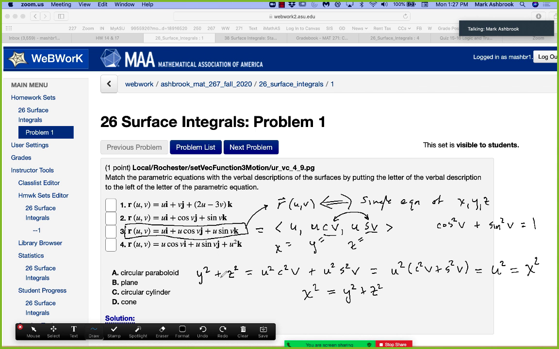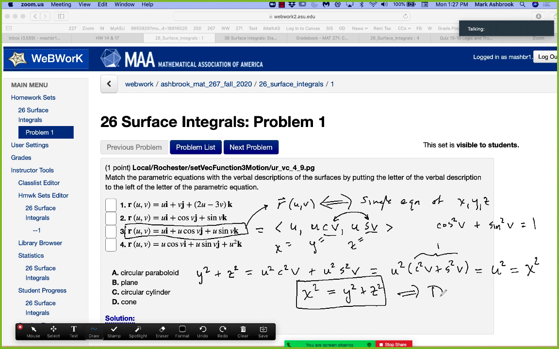So I added y squared and z squared because I knew that would get cosine squared and sine squared involved. And I factored out my u squared, and then this is 1. And I got y squared plus z squared equals u squared, but u is x, so that's x squared. So what do we have? Now you have to know your surfaces, like we learned for test 1 and 2.